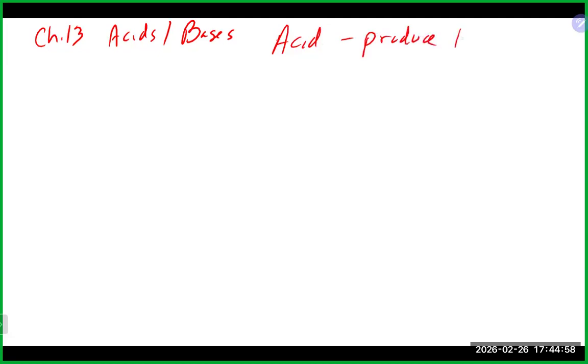All right. So, chapter 13, we got into acids and bases. Remember that the definition of an acid is something that has the ability to produce H plus ions in solution. And remember, when we're doing acid-base chemistry, H plus and the hydronium ion, which is H3O plus, are basically used interchangeably here.